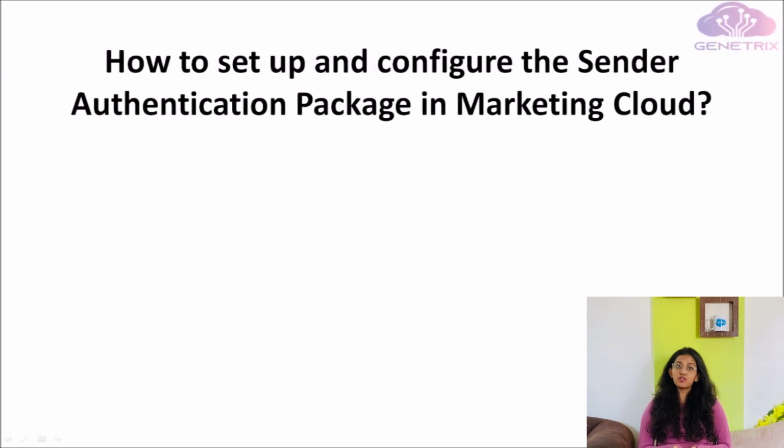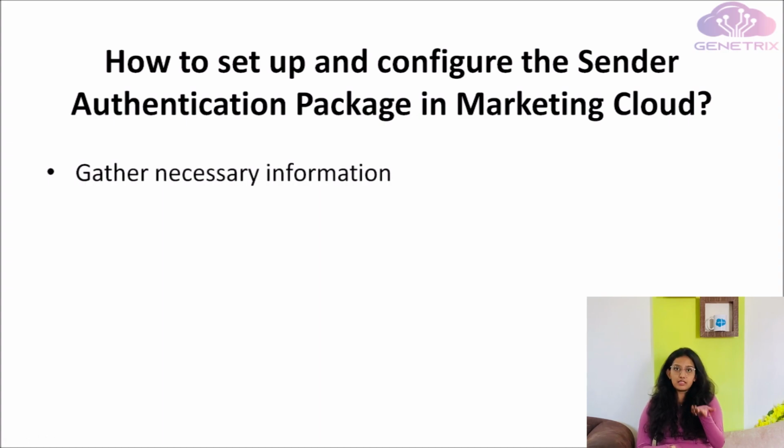Another important question always being raised is how to set up and configure the SAP in Marketing Cloud. So first and foremost, we must gather the necessary information. Before you begin, make sure you have the required information, including the access to your domains, DNS records, and ability to make changes to them.